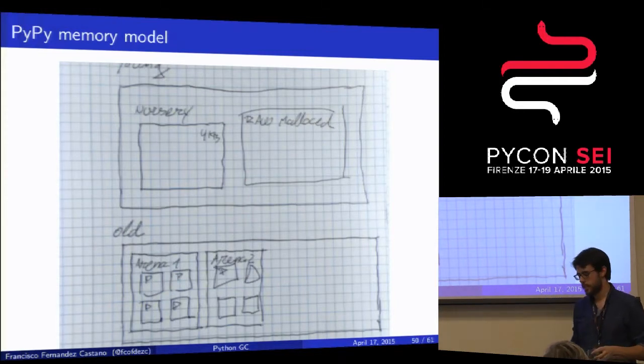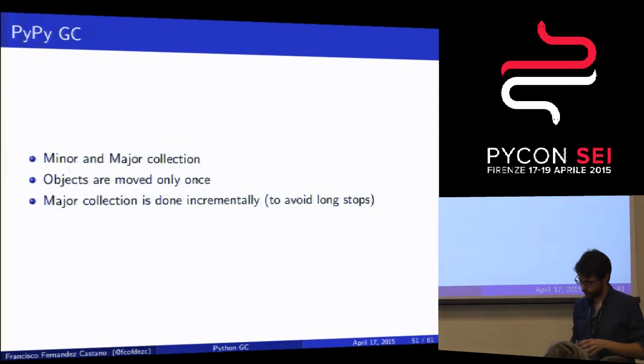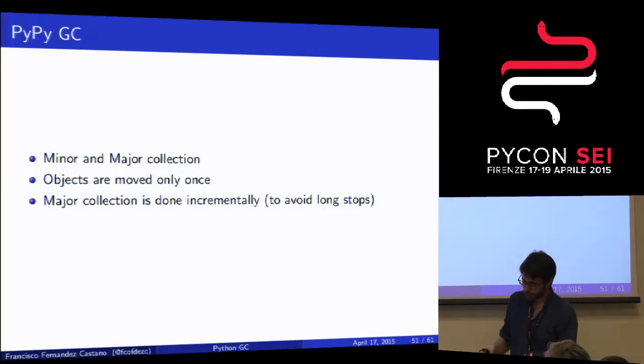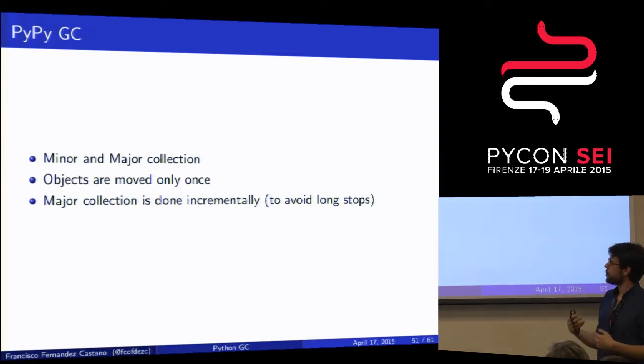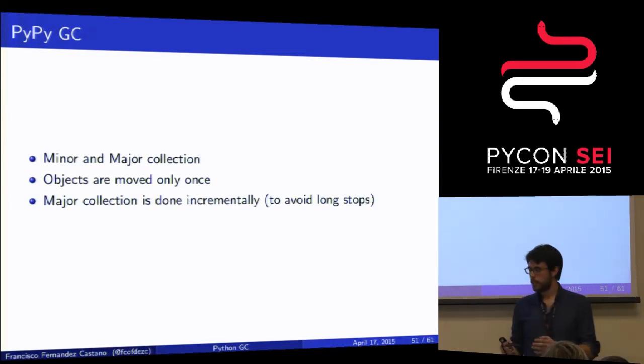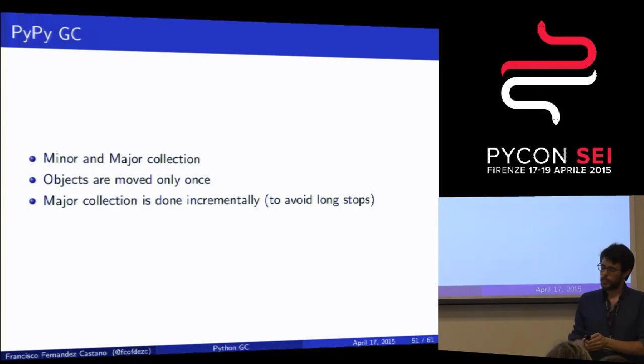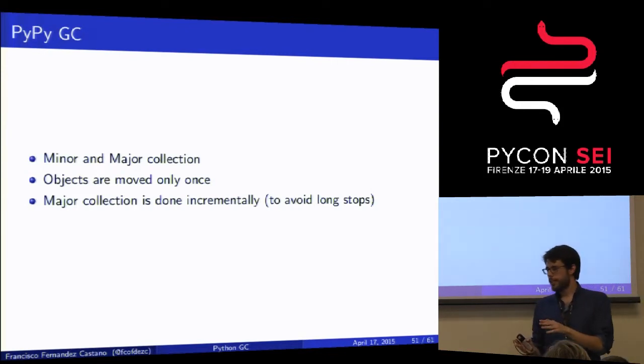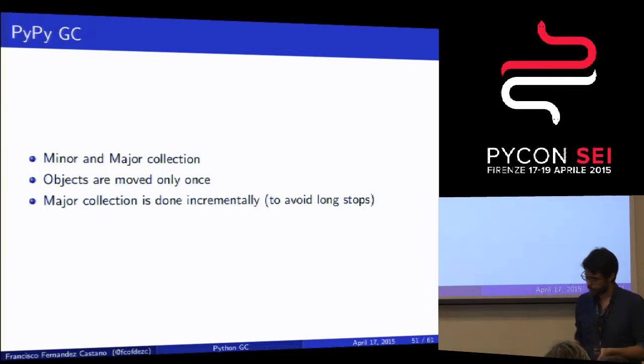So how does incremental minimark work? They do minor and major collection. What I mean by minor collection is they go through the nursery and try to move the objects that live there.